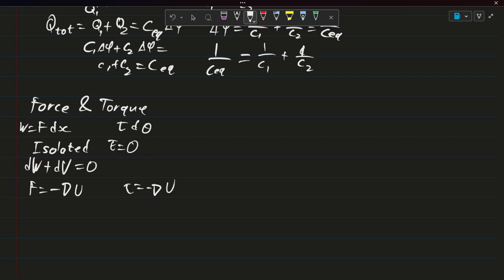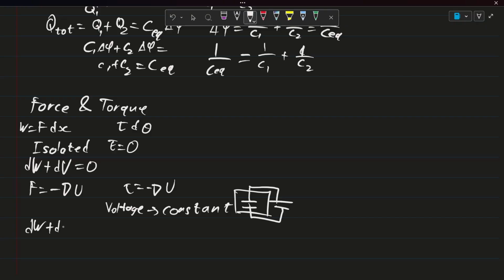But this doesn't work for a non-isolated system. Let's say if the voltage is kept constant. This is a typical example. So this would mean that you would be supplying a battery into your capacitor, something like so, and you're only looking at this system of capacitor. So if you try to sum up all of the changes, the change of the work plus the change of the internal energy would be the same as the change of the work from the battery going towards your system.